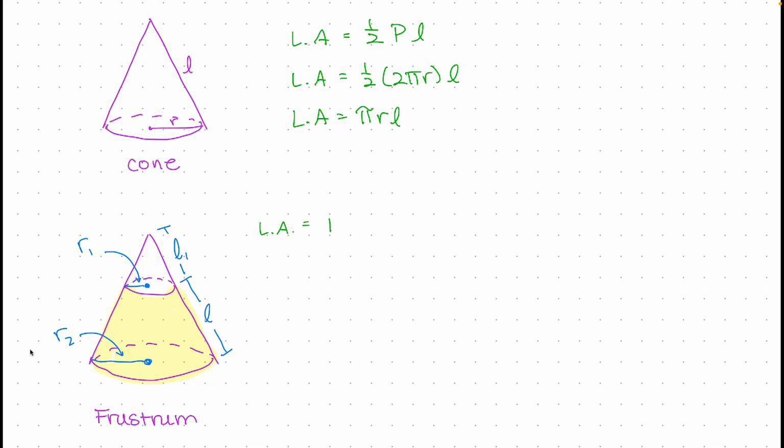Big cone has pi R2 L. But is it L? No. The big cone, actually, the slant height is the whole entire thing, L1 plus L. I'm looking at the whole entire cone, minus the lateral area of the little cone, which is pi R1 L1.